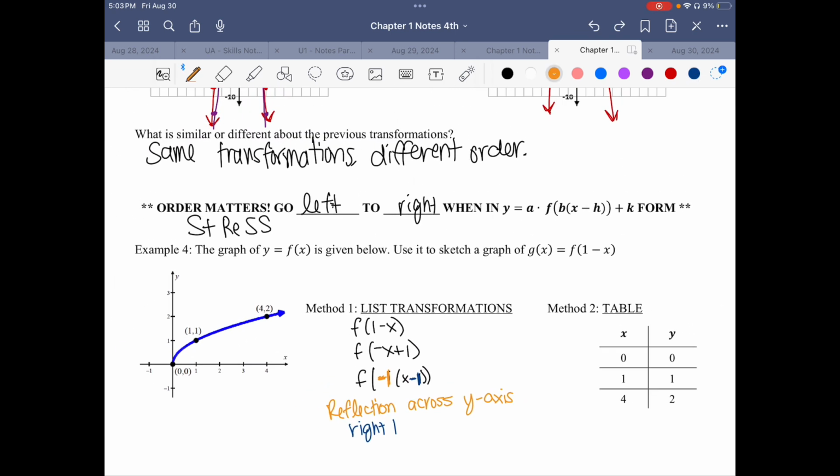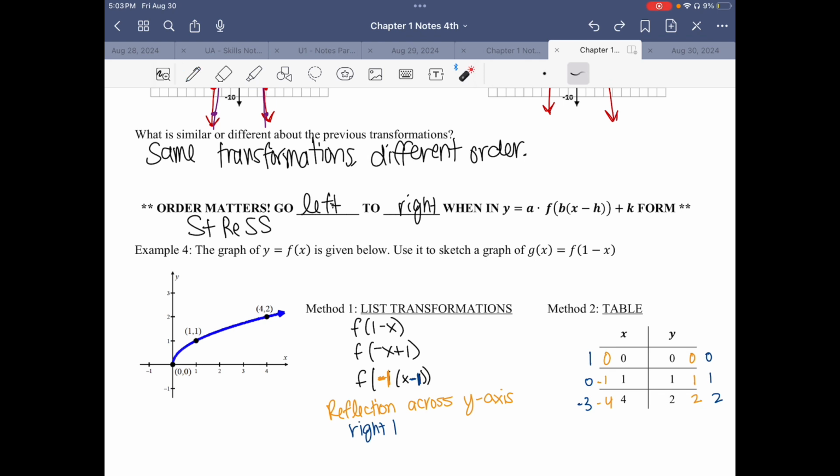So, of course, the reflection across the y-axis would turn all of our x's negative, but would keep our y's intact. And then if we were to move right 1, that would add 1 to each of our x's, but again, would leave our y's unaffected. So these new points are what are going to stand.